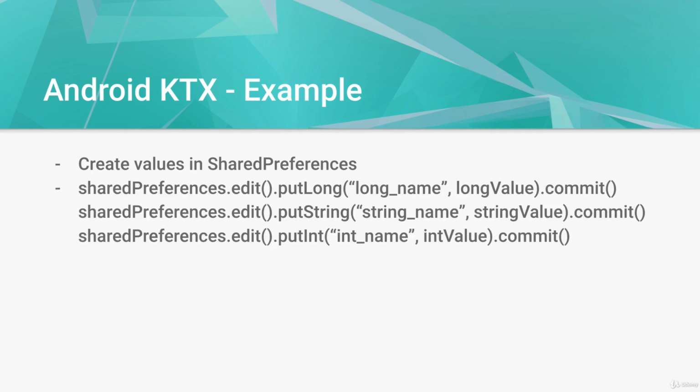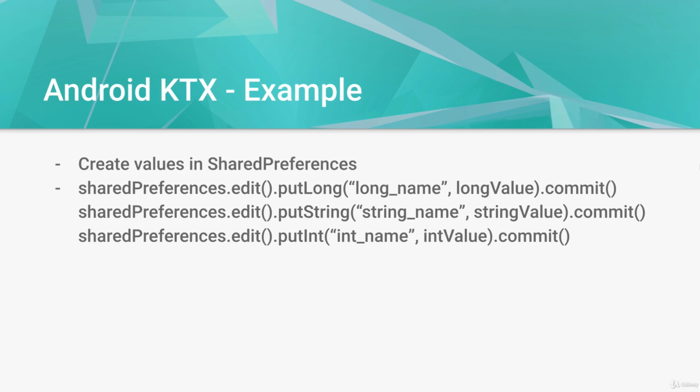Now, let's say you want to put a certain number of variables in shared preferences. The way we used to do that is we have our shared preferences object, we edit it, we put a variable with a name and a value, and then we commit. And then next time we put another variable, the same operation and commit, and a third time as well in a similar fashion.